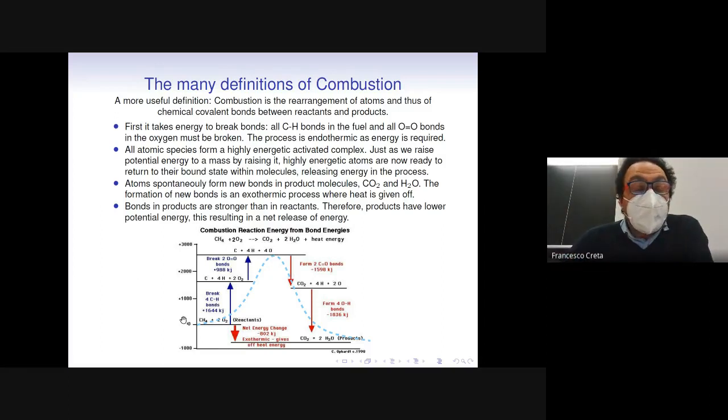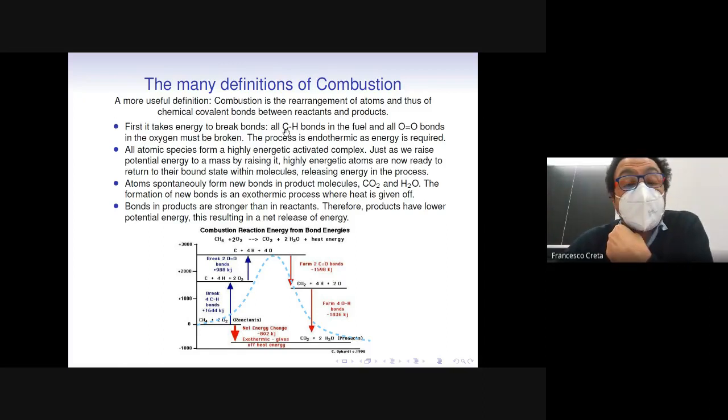Now, the energetic process here involves several steps. If you look, what do we have? Well, we have a starting point where you have one mole of methane, CH4, and O2. In order for these atoms to rearrange into other molecules, you first need some energy to break the bonds.